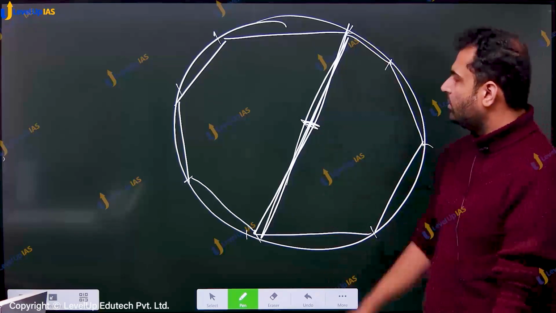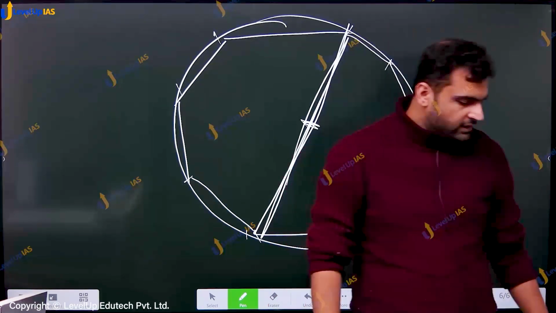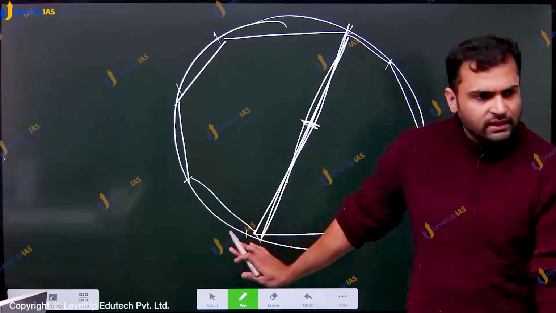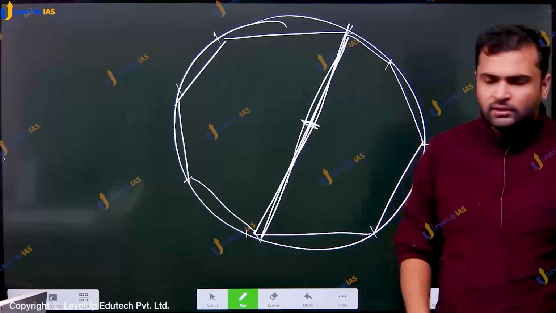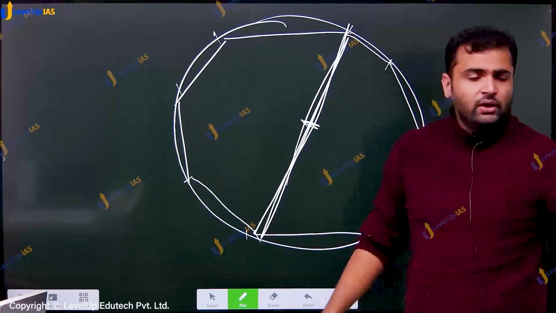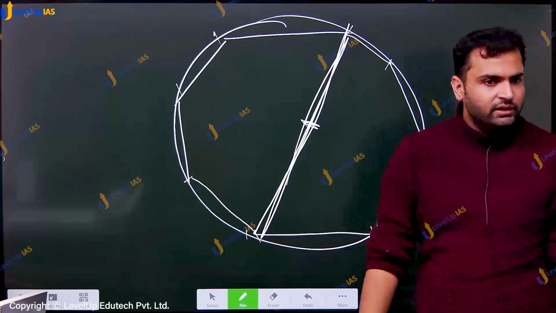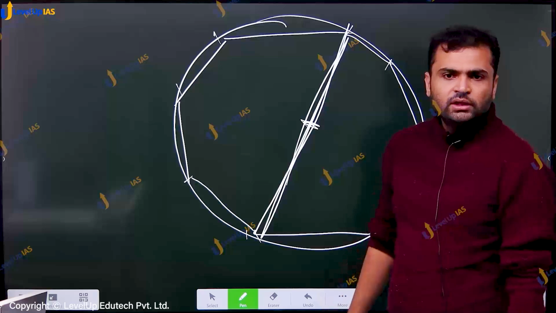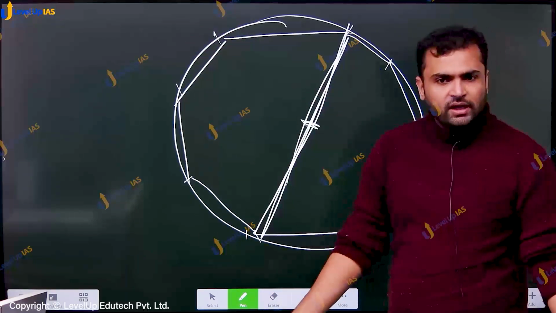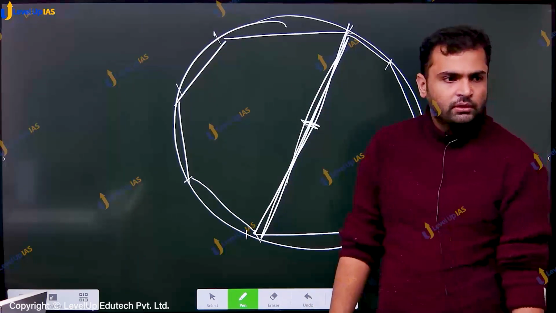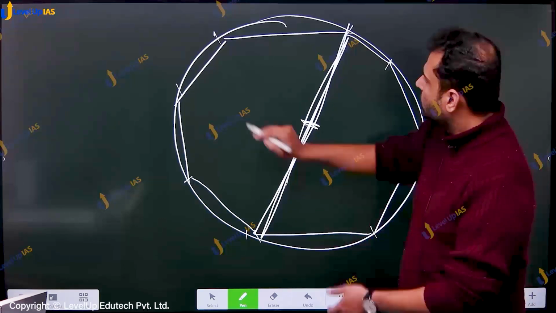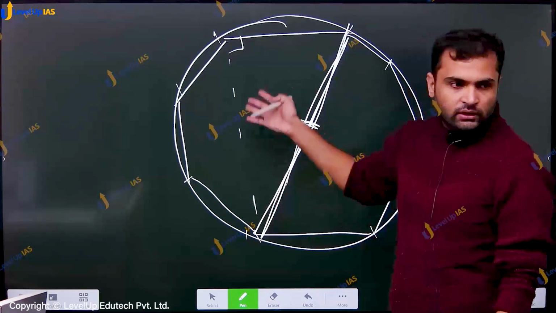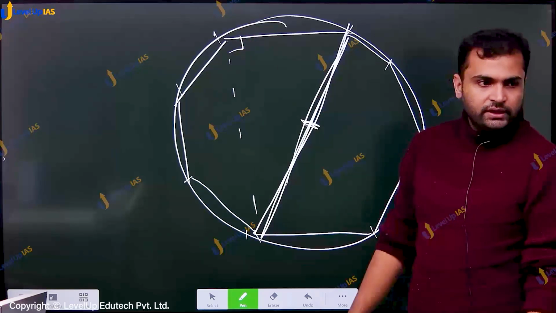Now with this as a diameter, how many right angle triangles can I form? Because this is a circle and I know that whenever I have this diameter, any triangle that I form on the circumference is a right angle triangle. So this is a right angle triangle because this is 90 degrees. This is a diameter, it is 90 degrees.